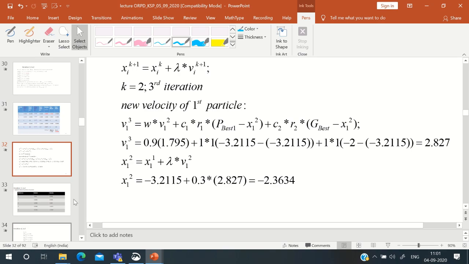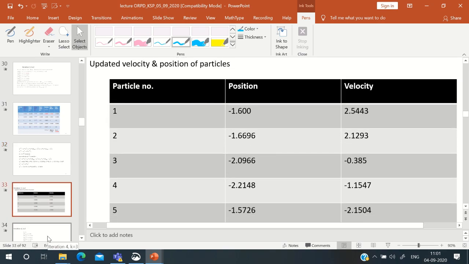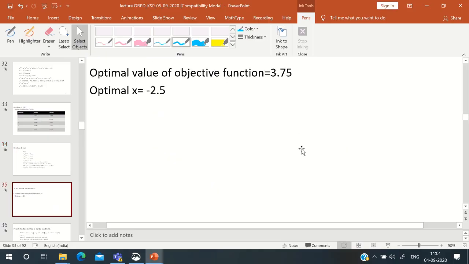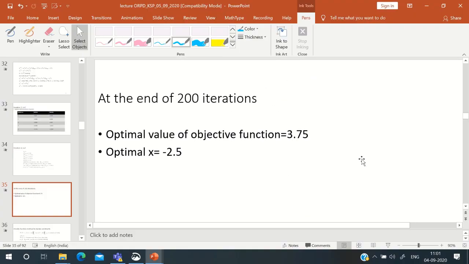So this procedure is repeated a number of times, right? These are the values at the end of third iteration, right? I have listed all the values. So I run this algorithm for 500 iterations or 10,000 iterations or 1 lakh iterations, right? And ultimately you will obtain the G-best value.